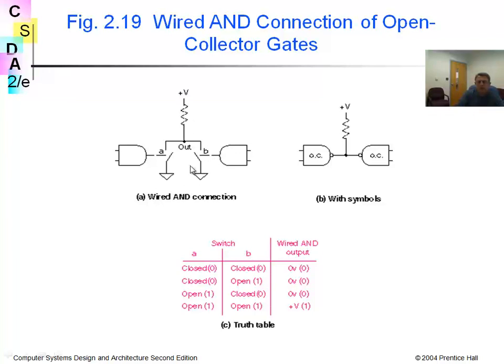If this is 0 and this is 0, you have a 0. If this is 0, 1, or 1, 0, you still get 0. Unless both of them are 1, then you will have an open system, which means 1. Okay?